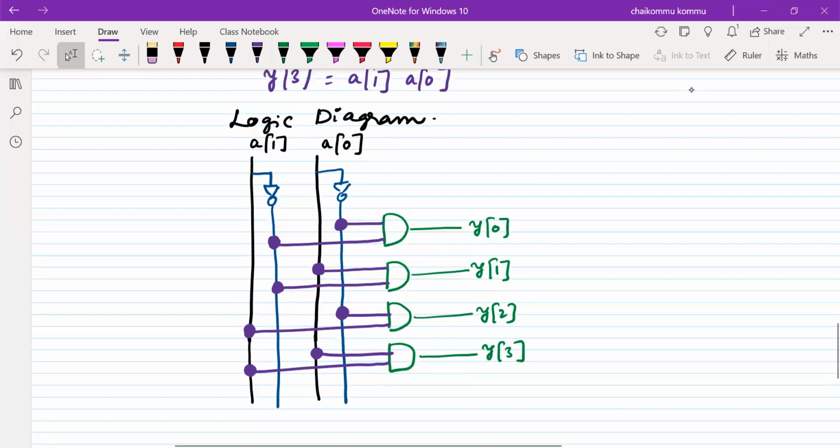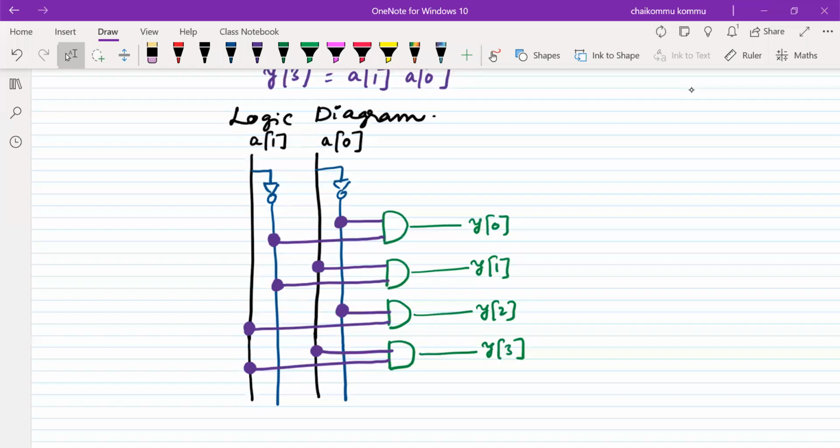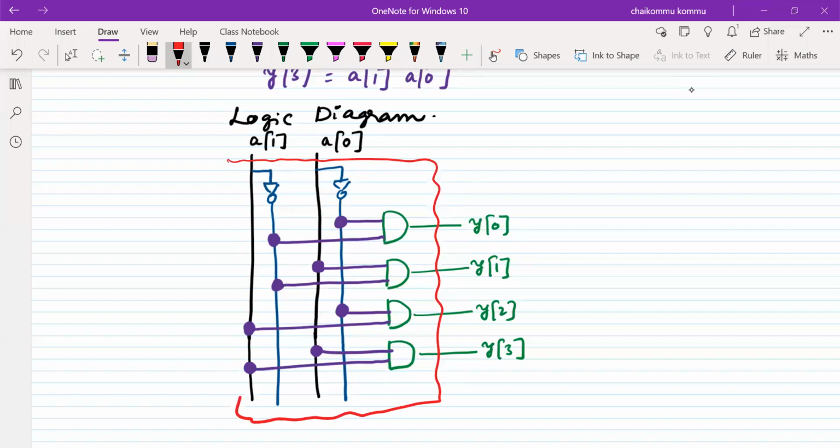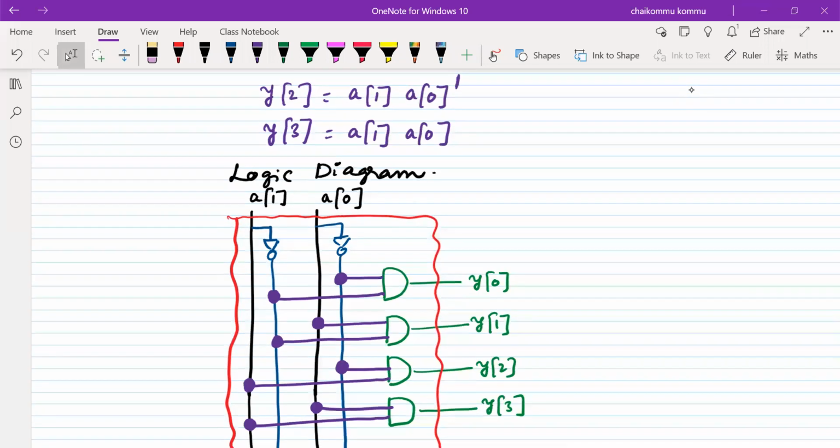So this is what the inside of your 2/4 decoder looks like, having 2 input signals and 4 output signals.